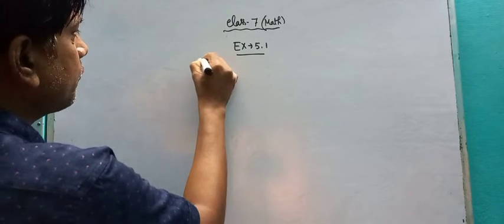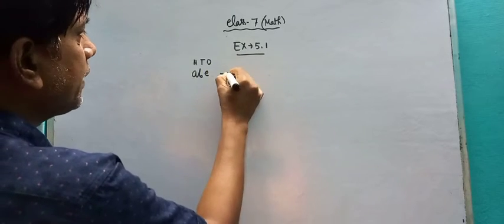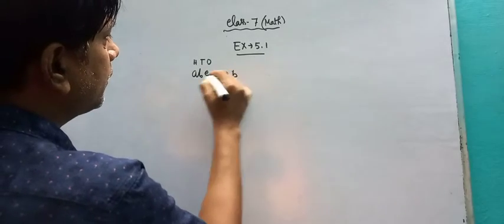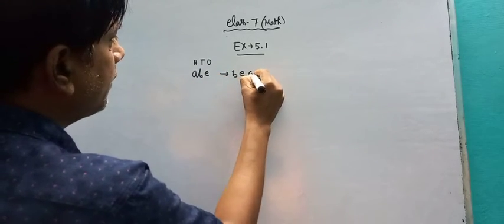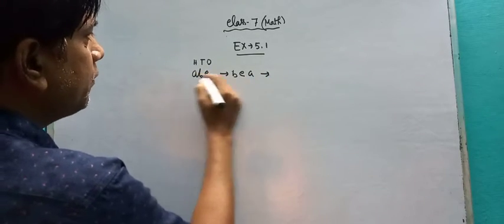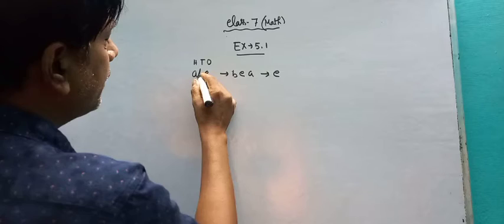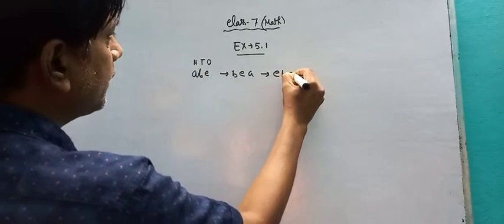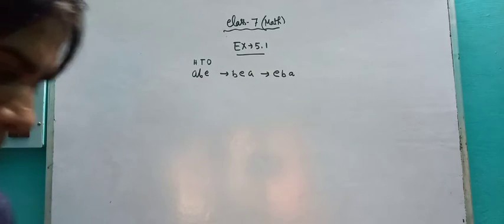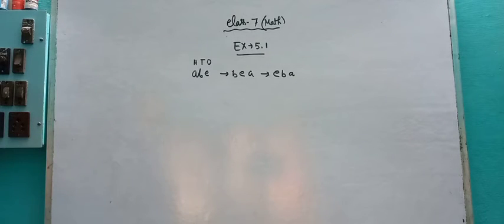Suppose these are the 1s, 10s and 100s places. Then cyclically you change it. B will go there, C and A. Another way: C will go there, then A and then B. Clear or not?